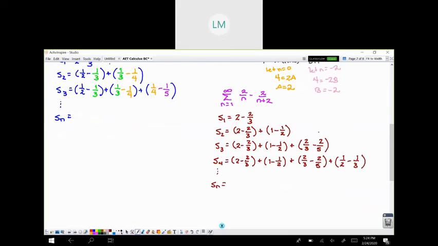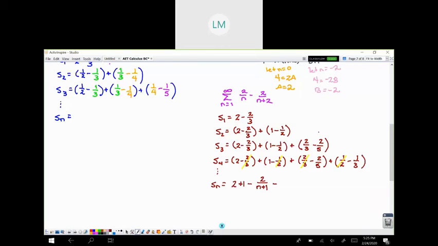So now let's look at the fourth partial sum. The 2/3 are going to cancel. I have a 1/2 that's going to cancel. So you end up with 2 plus 1 minus 2 over n plus 1, and then minus the last term.